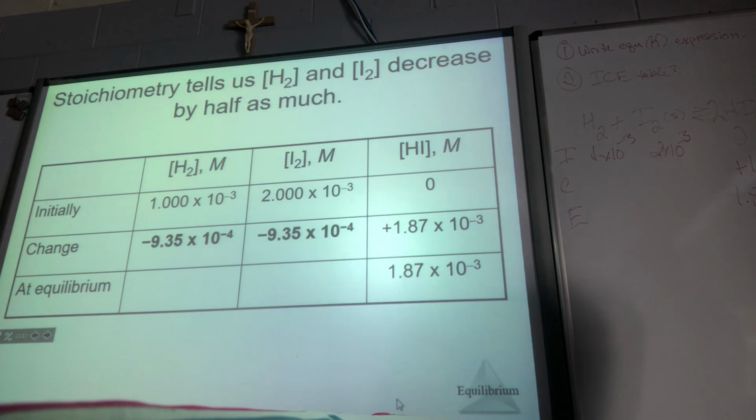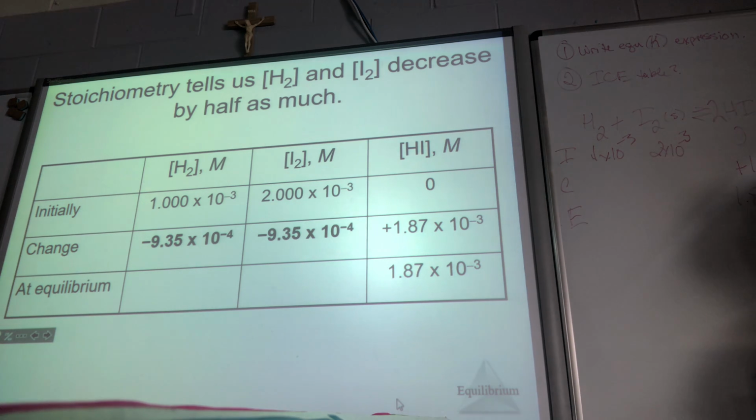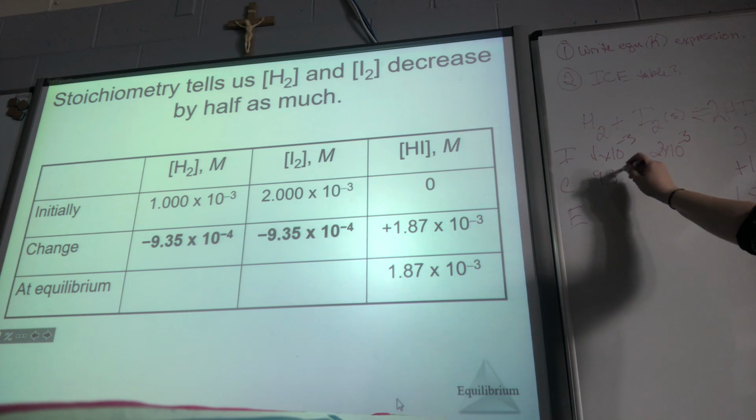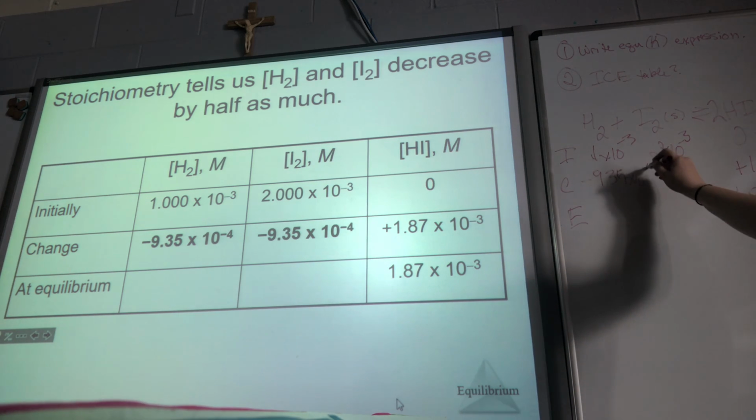Since our reactants are the things that actually have to produce this, and it's a 1-to-1 reaction on the left side, we know that each thing had to give off half of whatever was created on the right. Okay? And we're going to learn a method for actually doing this that doesn't involve just assuming this particular thing. But in our particular case for this problem, the way it's designed is beautiful.